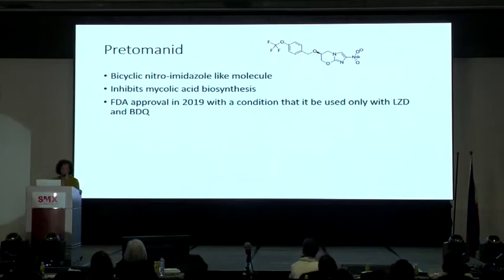It's another nitroimidazole molecule which inhibits mycolic acid synthesis like delamanid, and it was approved this year with a condition that it can only be used with linezolid and bedaquiline, because the trial that was used to get its approval is a regimen trial.